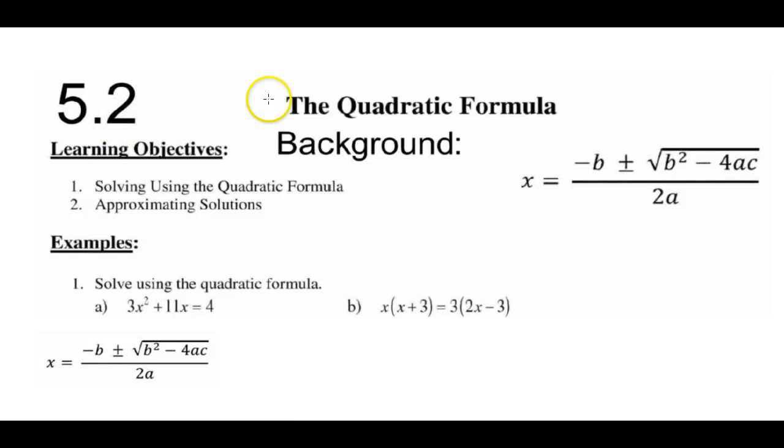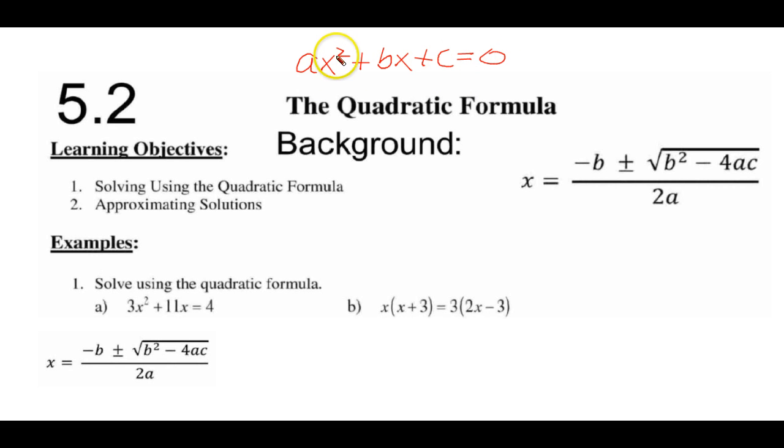In topic 2, we're going on to the quadratic formula. If you took the equation ax squared plus bx plus c equals 0, which is the standard form of the quadratic equation, and then you solved it for x.